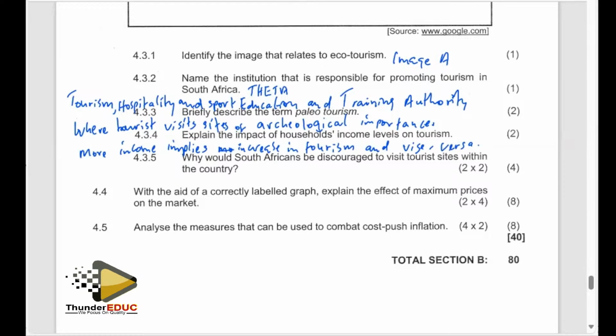So now we're saying that some South Africans are used to the tourist sites.